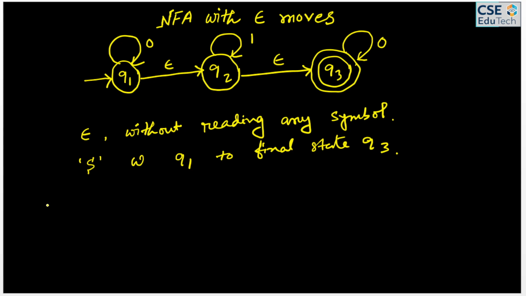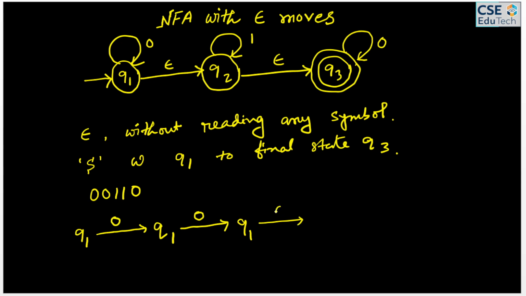For example, the string 00110 is accepted by this NFA by the following path. How? Suppose you are in Q1, because the initial state is Q1. After reading 0, you are in state Q1 again, and after reading 0 again, you are in Q1 again.